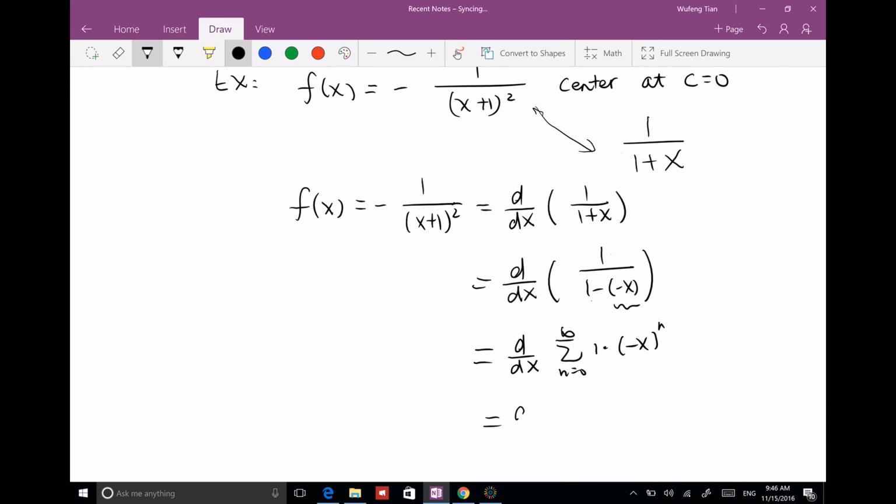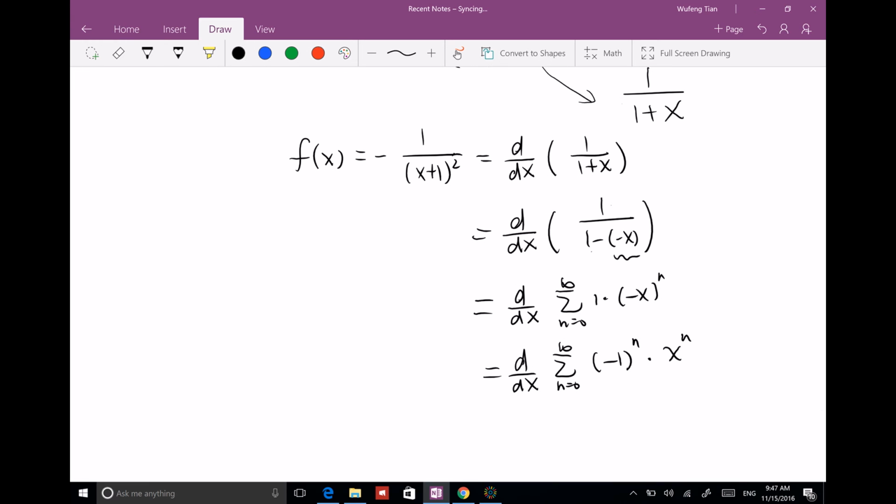So I got d over dx of the sum n from 0 to infinity, negative 1 to the power n times x to the power n. I'm not done yet because I have a derivative in front of that. So this is just a constant, the coefficient, doesn't change on any of the x. So I just keep that.